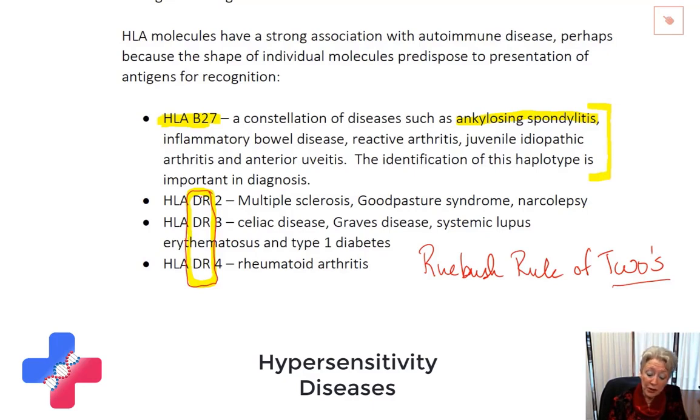So it shouldn't surprise you, I think, that DR is a class 2 molecule. And there's got to be something about DR that predisposes it to presenting self molecules and causing that increase in the response through the cloning cytokines and the division of cells.